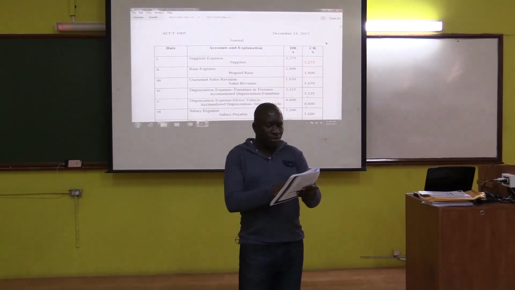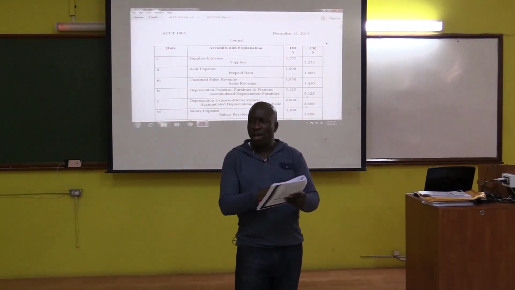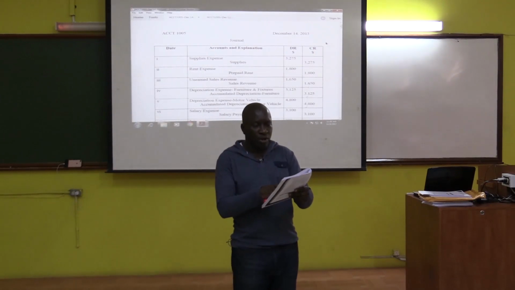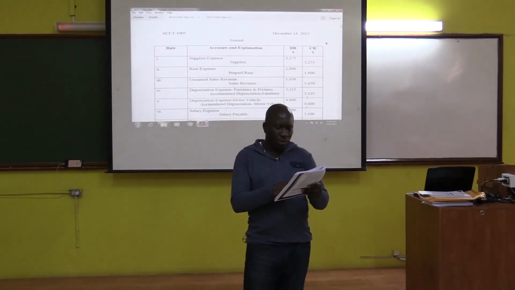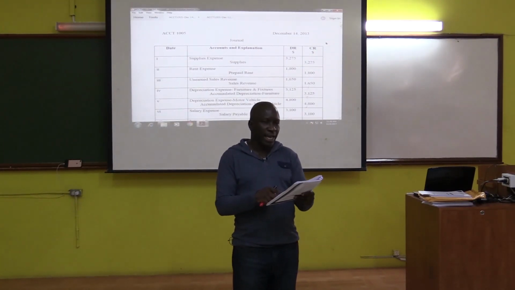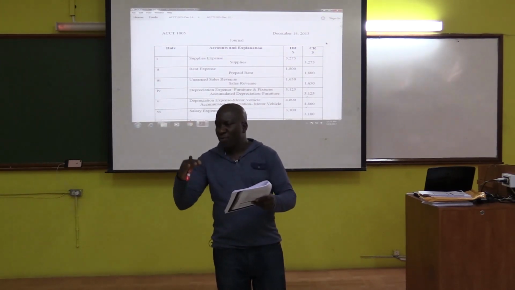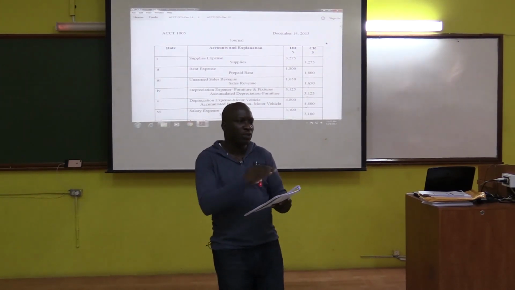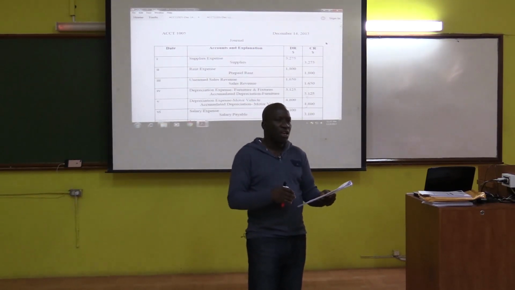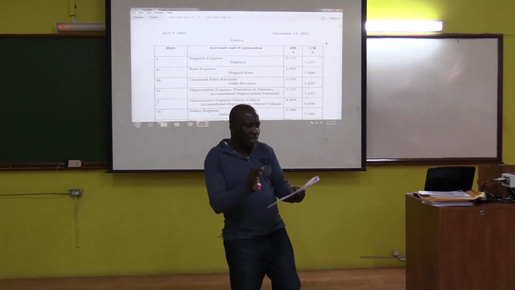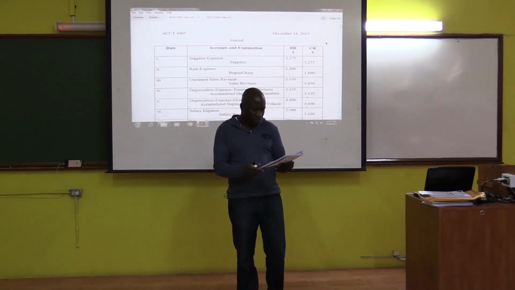Then, from sales revenue, everybody see where I'm pointing to, right underneath withdrawals, all the way down to interest expense relates to income statement items. Is that clear? They've already made life easy for us on this question paper. Before, they could mix up everything, but they've already arranged everything, so it makes things easy for us to go through.